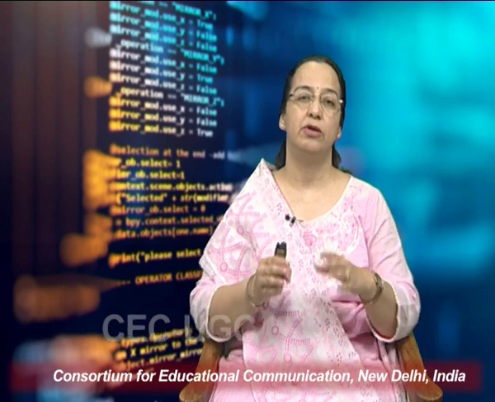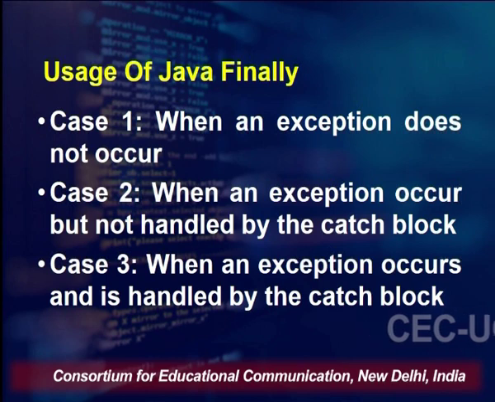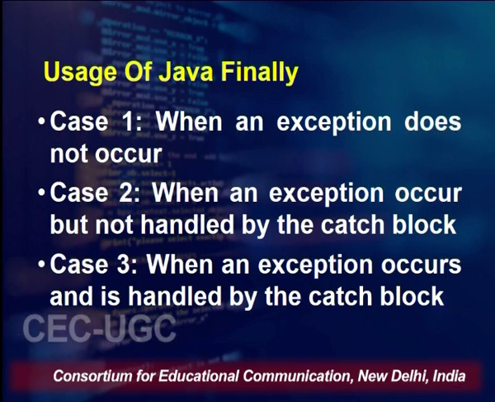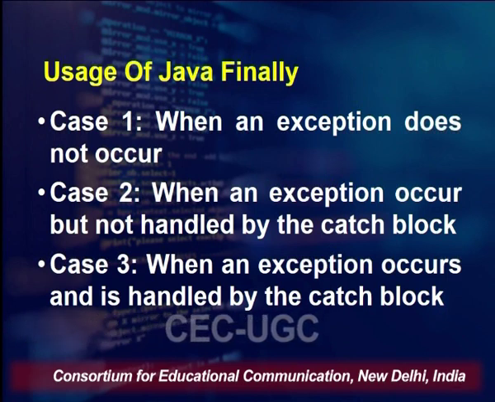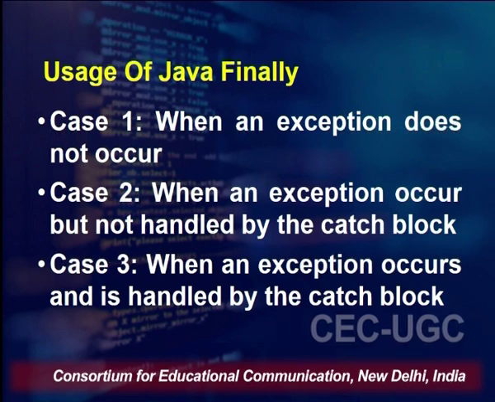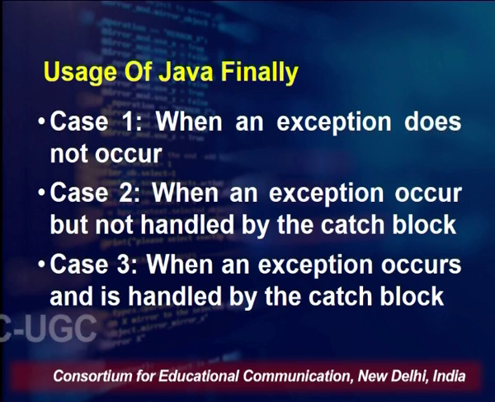Now, what are the usage or case scenarios in which the finally block is used, and how? Basically there are three usages of the Java finally keyword. The first is when an exception does not occur, as we have seen, then also we can use the finally block. The second scenario is when an exception occurs but is not handled by the catch block.